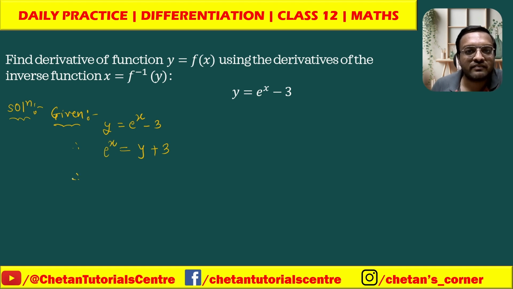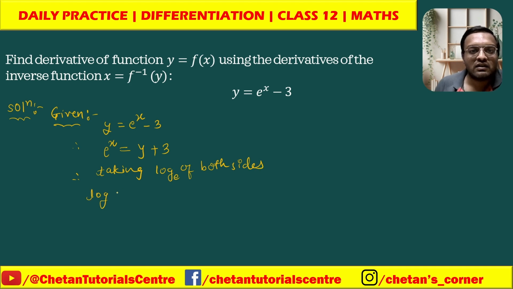raised to x. Now I will take log of both the sides. Then what I will get? Taking log to the base e of both sides, what I will get? Log e raised to x to the base e is equal to log y plus 3 to the base e.